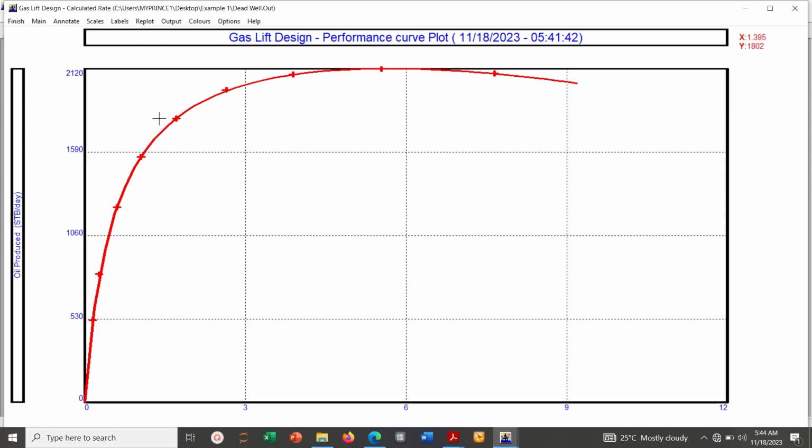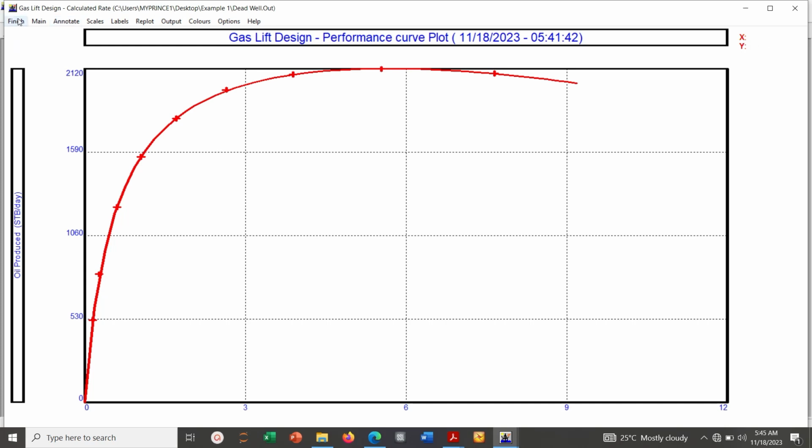It might not give you the maximum oil production, but to sustain the life of this well and sustain production, it is better to produce at this point than at this point.